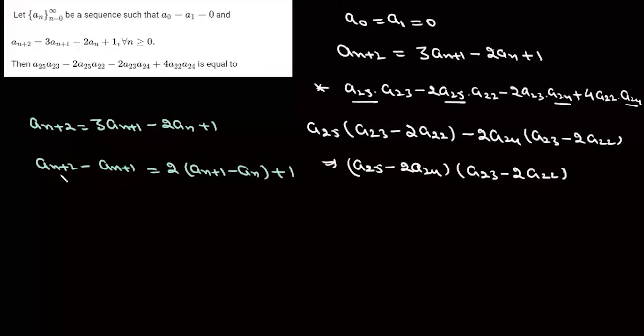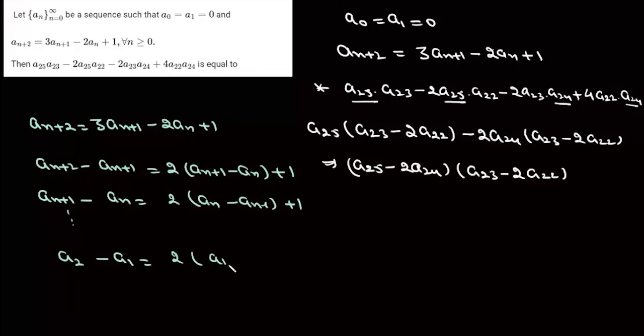Now if we replace n with n minus 1, we can write a_{n+1} minus a_n will be equal to 2 times a_n minus a_{n-1}, and we'll continue. And in the end, we'll have a2 minus a1 will be equal to 2 times a1 minus a0.